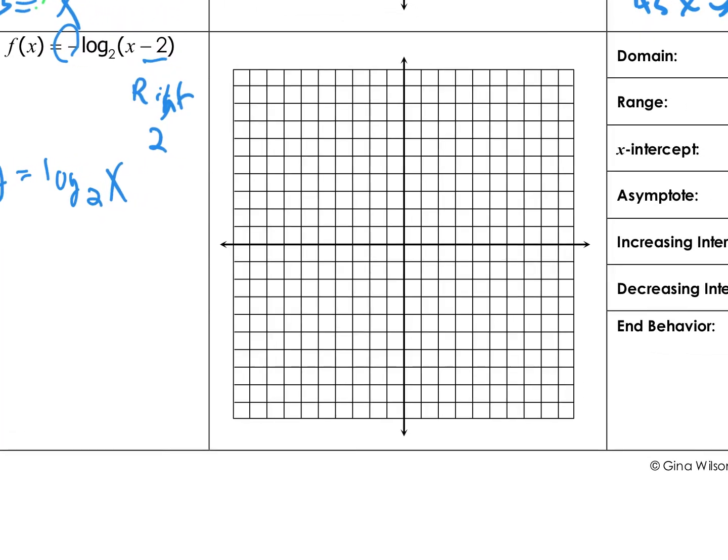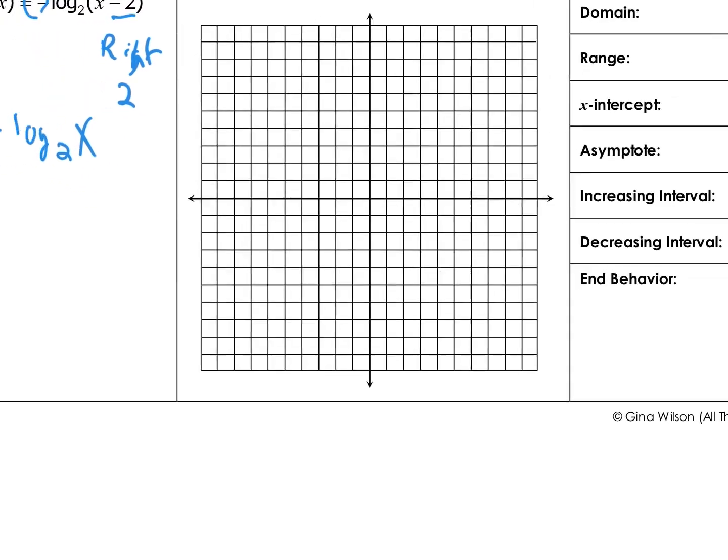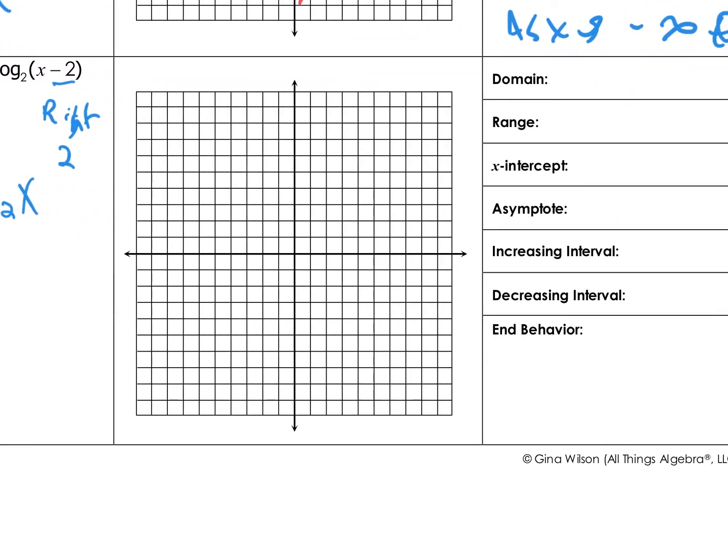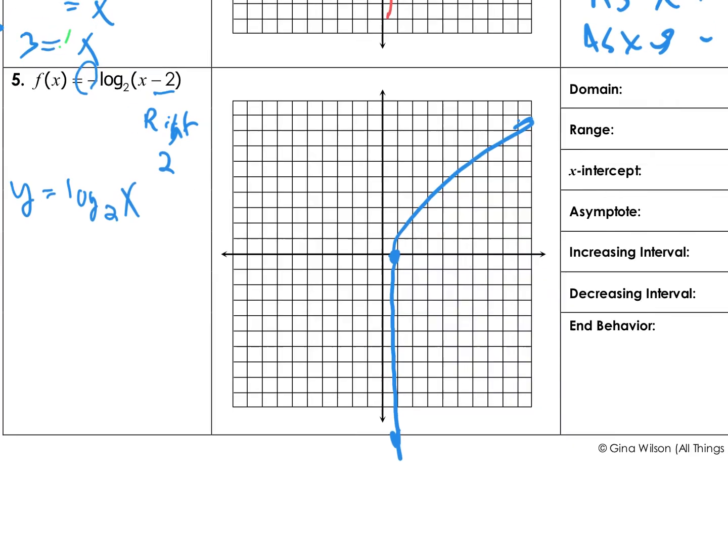That looks like this. It's just a log, no shifting at all. Goes through the 1 comma 0, and it goes up forever, and it comes down forever, asymptotic to the y-axis.